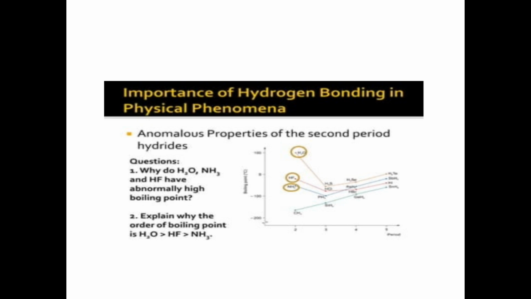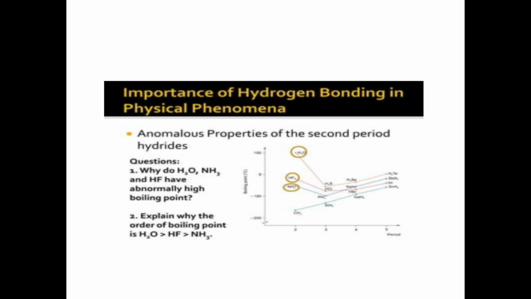For instance, number one is the anomalous properties of the hydrides, second period hydrides, especially hydrides of group 5, group 6, and group 7. It is observed they have abnormally high boiling points when compared to their molecular weights.